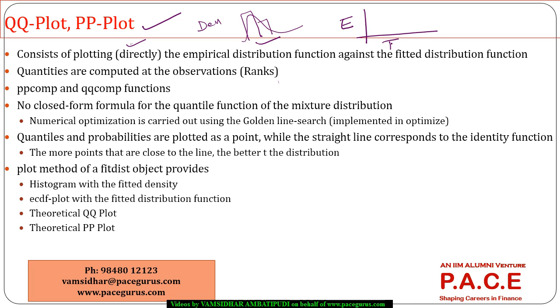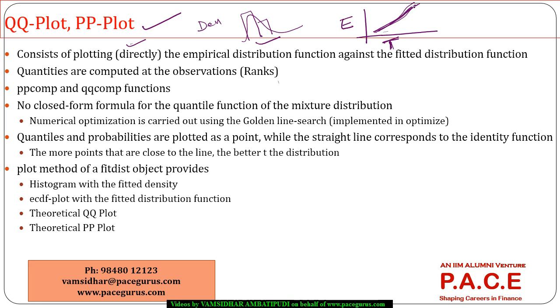Whereas here we have the theoretical values on one axis and the empirical values on the other axis. If the empirical is more or less similar to the fitted, these two would form a straight line, because theoretical and empirical look more or less similar.